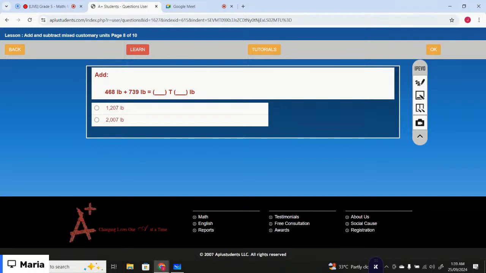468 pounds plus 739 pounds. So, which is the correct option?